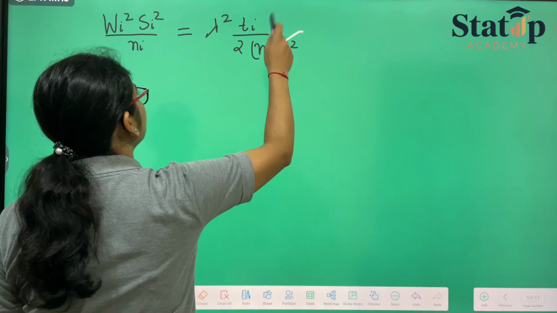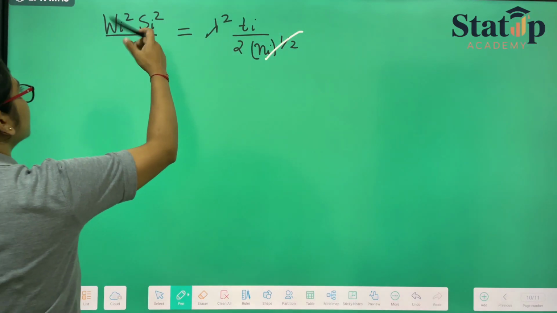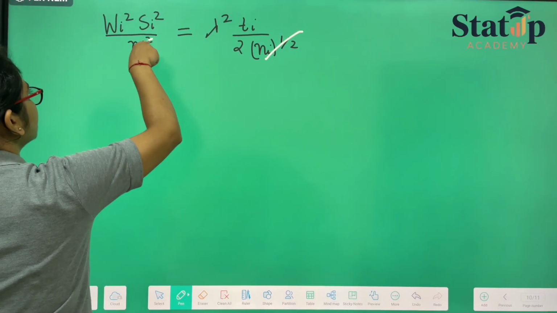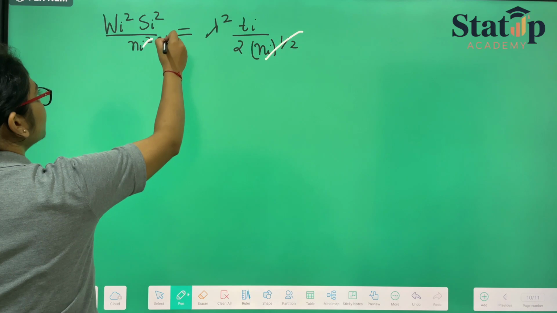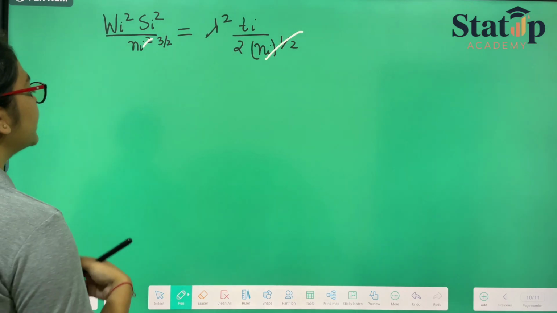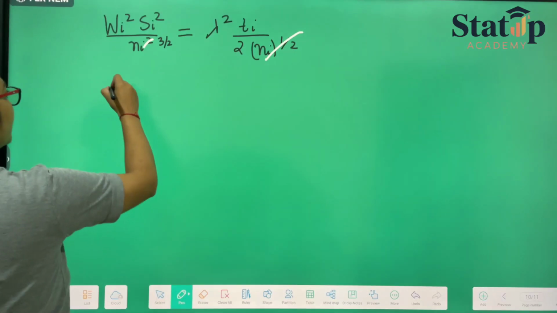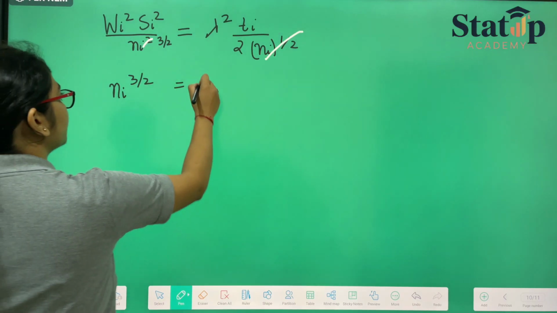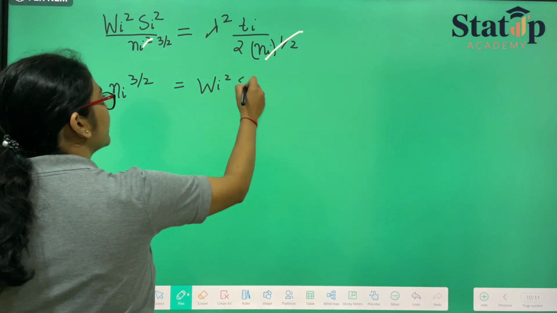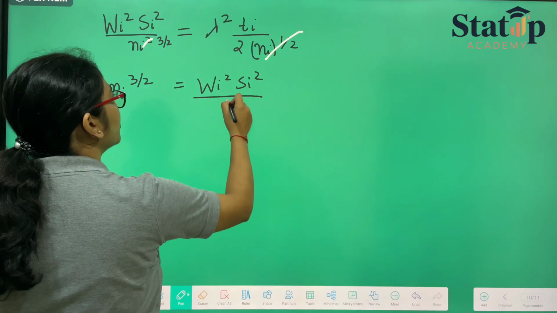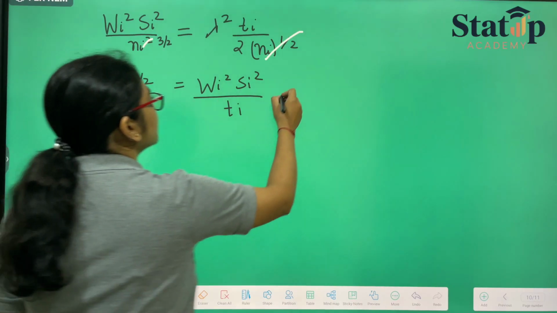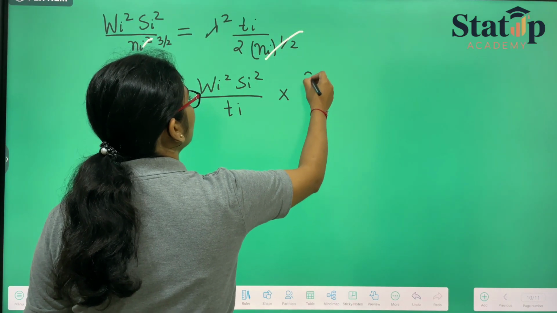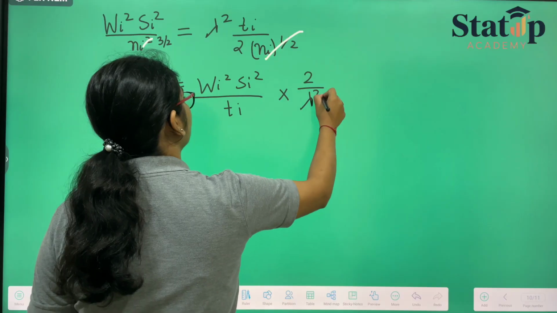Now if we cut this ni square with this, we are left with 3 by 2, and taking ni on one side and rest other on other side, ni raised to the power 3 by 2 is equal to Wi square Si square upon Ti into 2 upon lambda square.